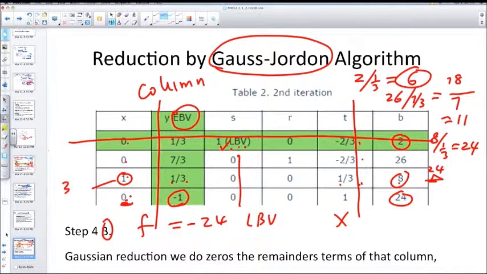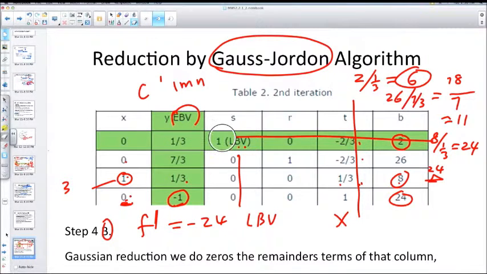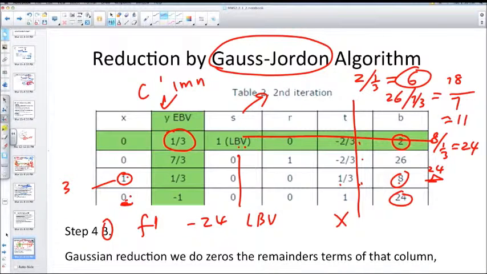And what's the pivot element? Let me erase that. So the pivot element is going to be this 1/3. And the y will enter the game, and s will leave in the next step. So what's next? Next, I want to make this 0, 0, 0, and see what's happening.